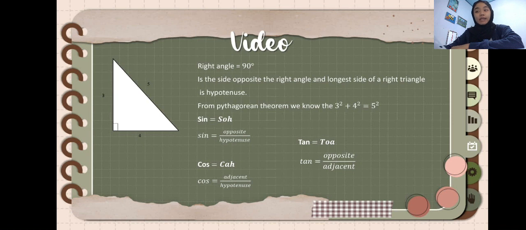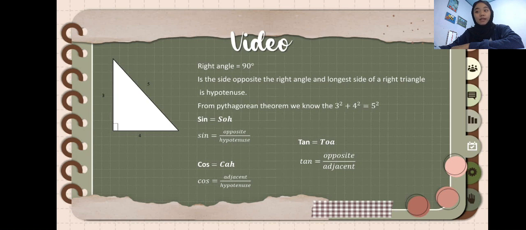Right angle is 90 degrees. The side opposite the right angle and the longest side of a right triangle is the hypotenuse. From the Pythagorean theorem, 3 squared plus 4 squared is 5 squared.